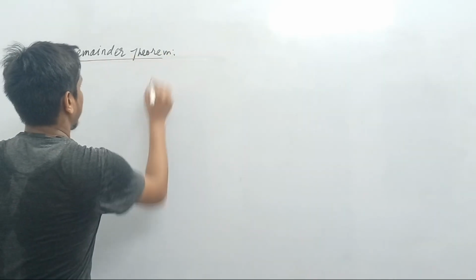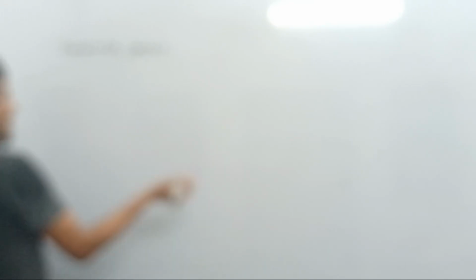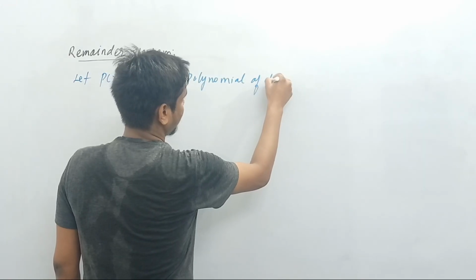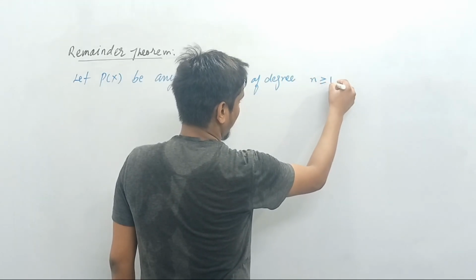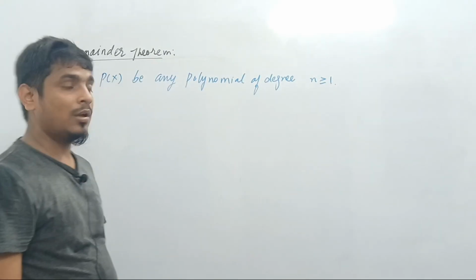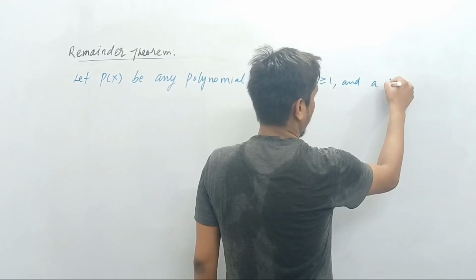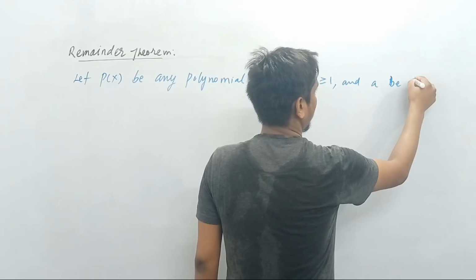What does it say? Let P(x) be any polynomial of degree n greater than or equal to 1, and a be a real number.